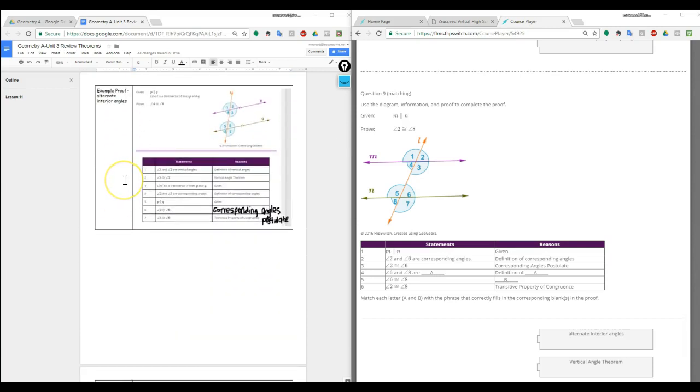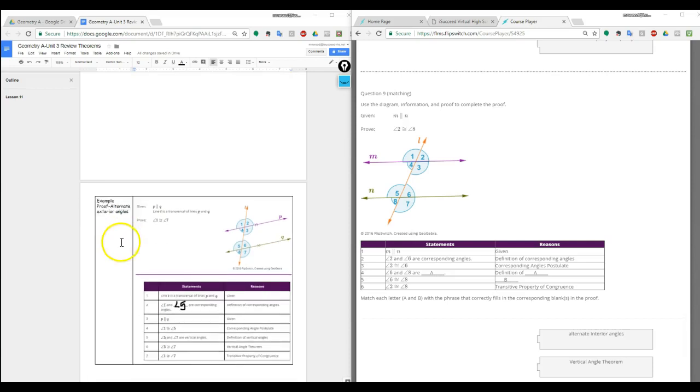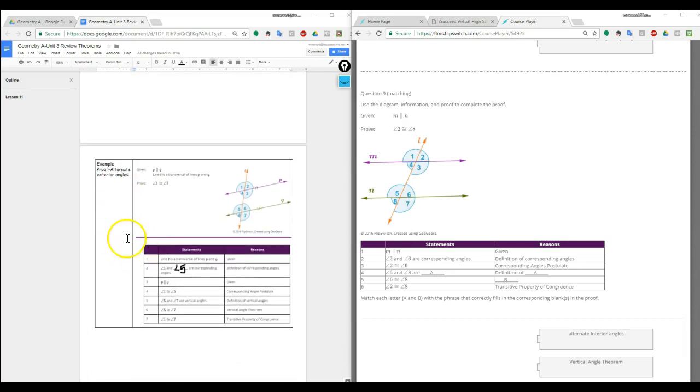Okay, there's an example proof for alternate interior angles, and an example proof for alternate exterior angles. I'm going to go through this and see if they have similar reasons. Statement 1 is a given.